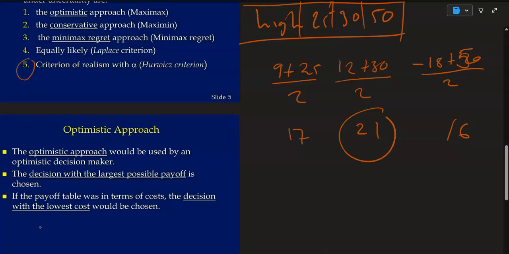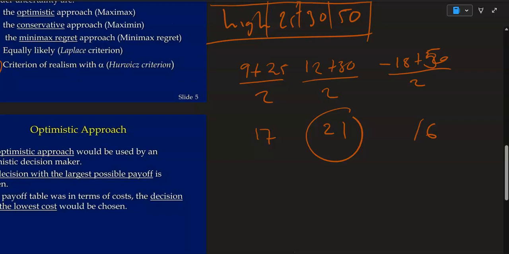Now let's consider the last one, the Hurwicz criterion. Okay, what is the Hurwicz criterion about? We looked at maximax and maximin, where one was pessimistic and the opposite was optimistic, right?